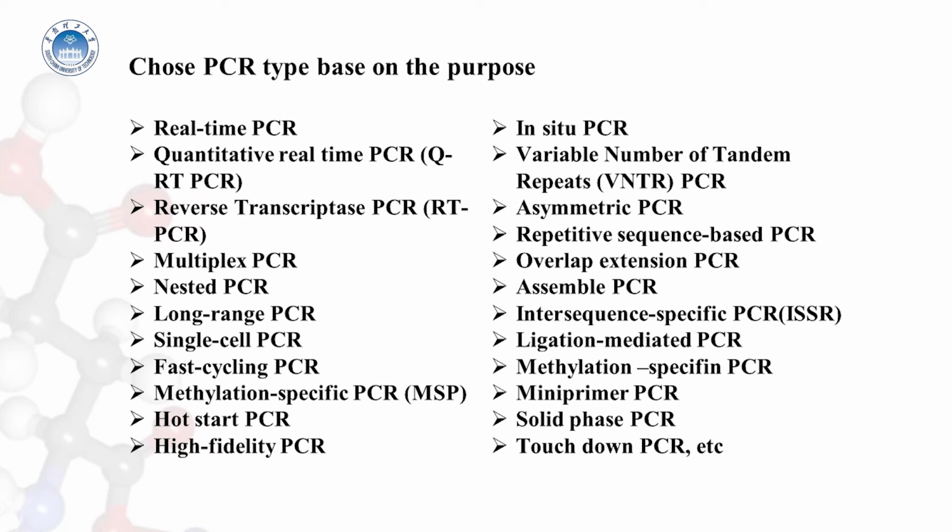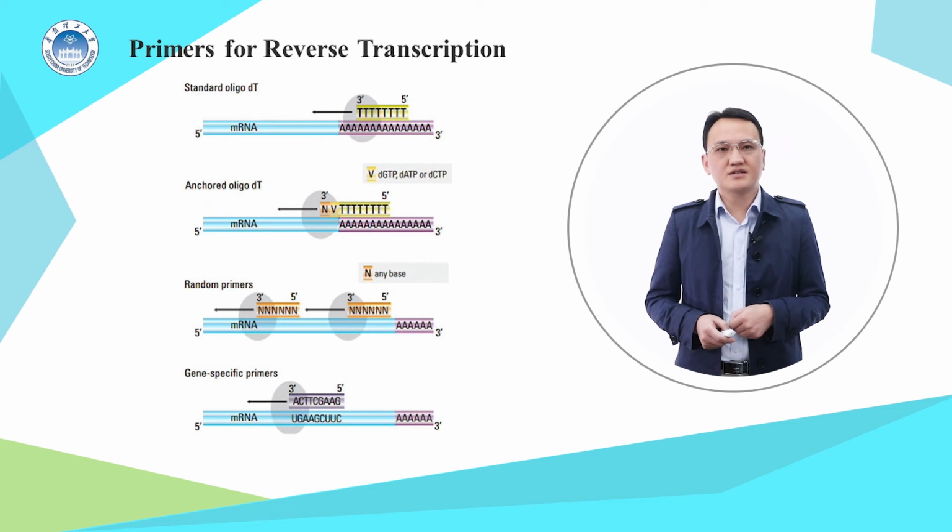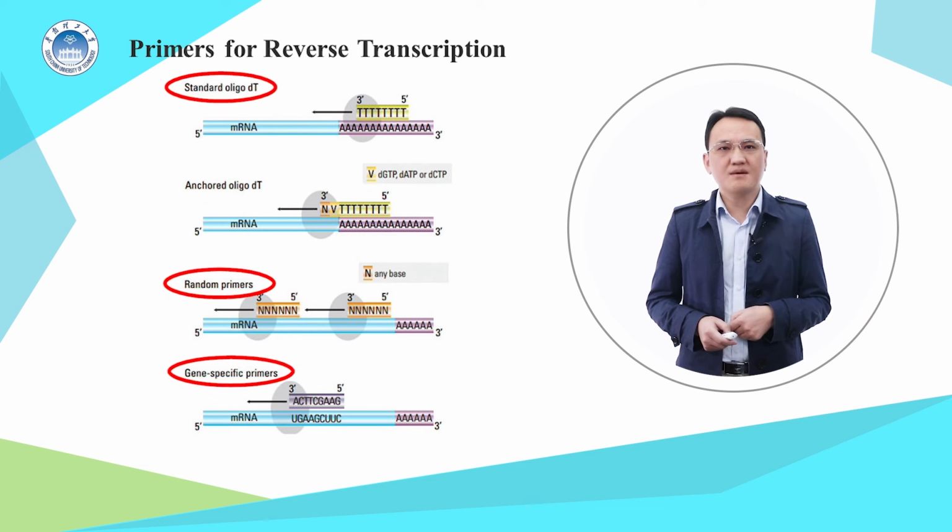In this slide, as shown, there are several PCR options for your purpose. So we are going to talk about RT-PCR. Three different approaches can be used for priming cDNA reaction in two-step assays: oligo-dT primers, random primers, or sequence-specific primers.